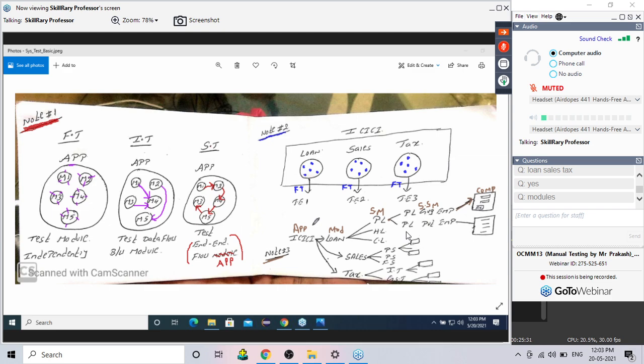So if you see the diagram, my assumption is that loans, sales and tax are completely independent of each other. Are you understanding what I'm saying?